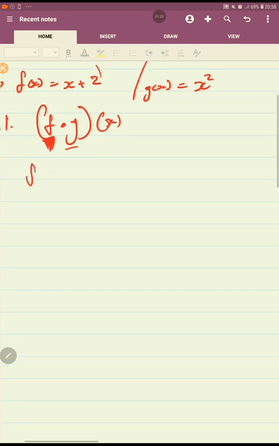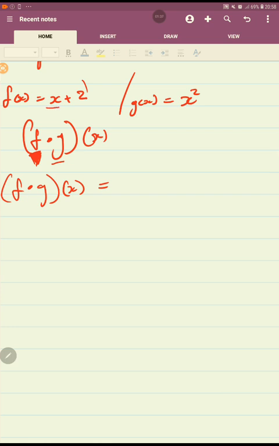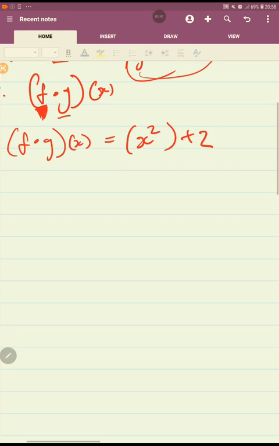We say f at x equals, whenever we see x, we put the value of g. So we have x squared plus 2. That's our new equation, and there is no need for you to solve further.